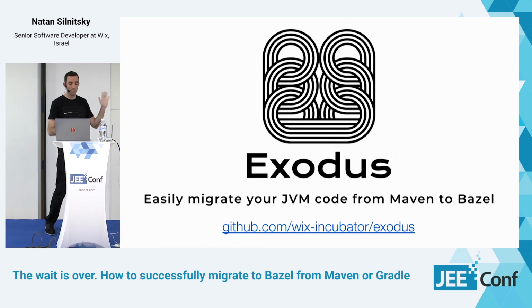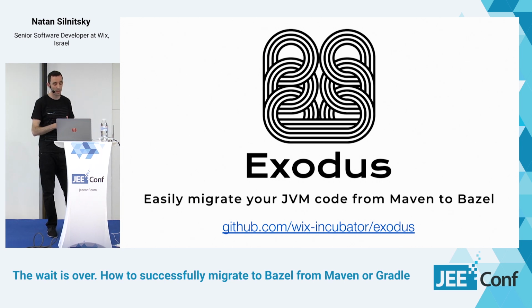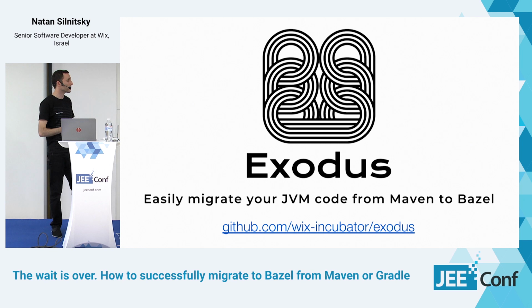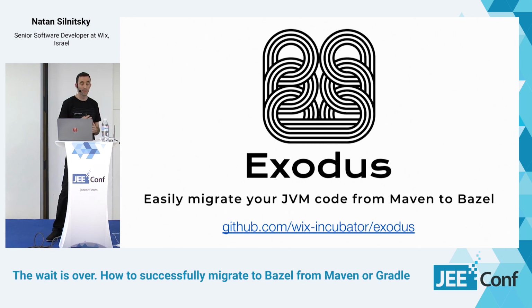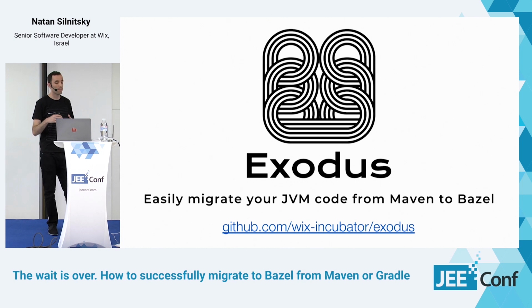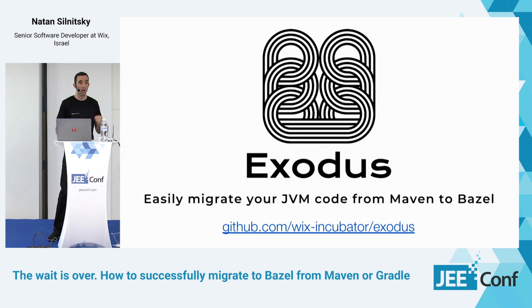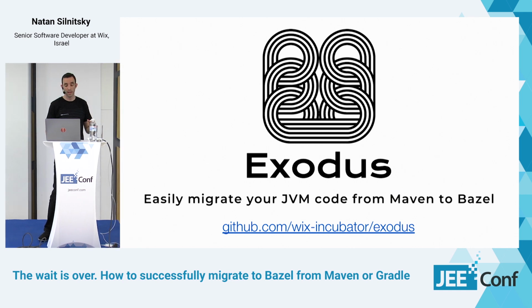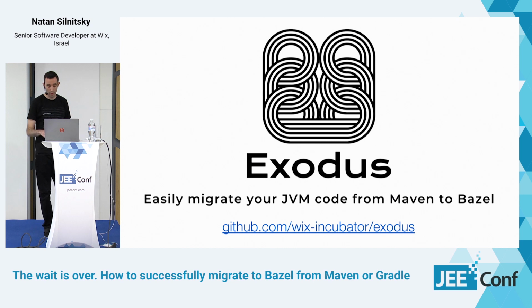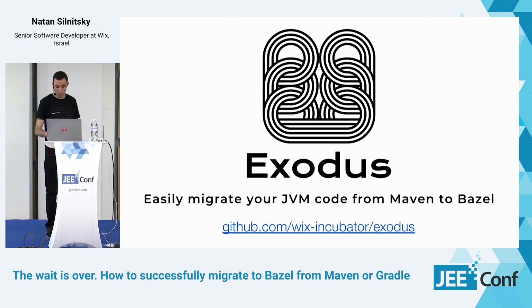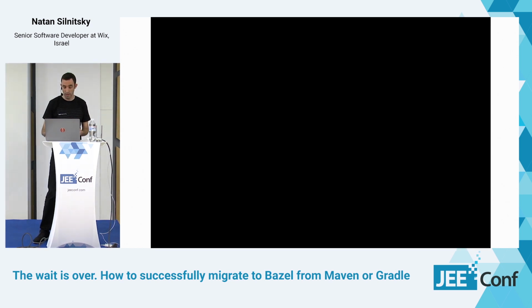So we have Exodus, which is still in relatively early stages, but we hope to release it soon. And we managed to move away from Codota and have our own dependency analysis built into the migration. And I'll show you a quick demo here.